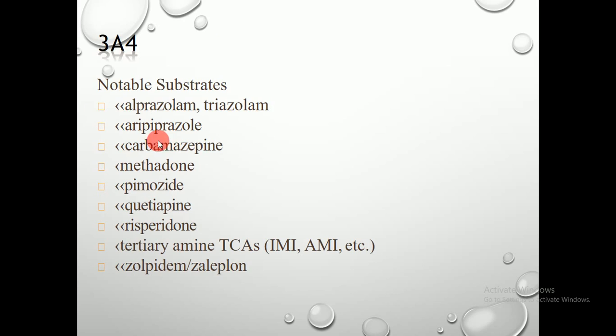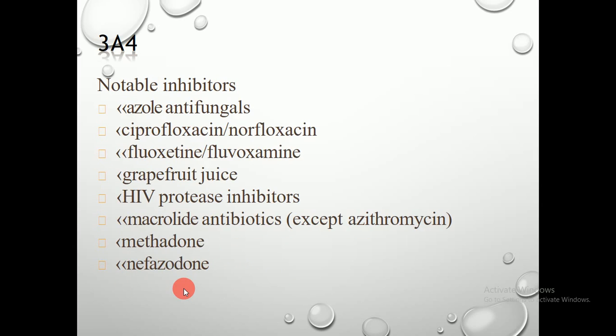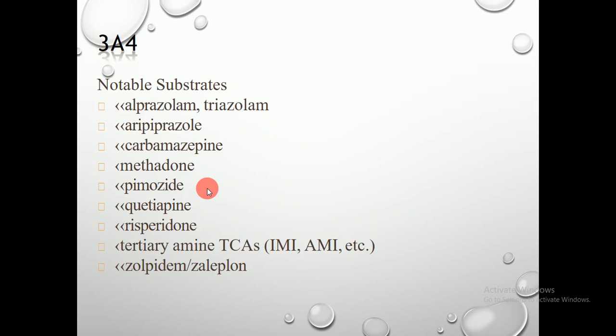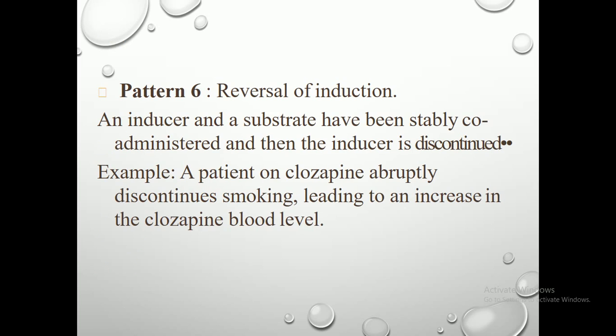Now look at the 3A4 notable substrates: alprazolam, triazolam, aripiprazole, carbamazepine, methadone, pimozide, quetiapine, and risperidone, tertiary amine TCAs (tricyclic antidepressants), MAO inhibitors, zolpidem, and zaleplon. These are 3A4. Inshallah, in my next lecture I will discuss the different families of the cytochrome P-450 system.